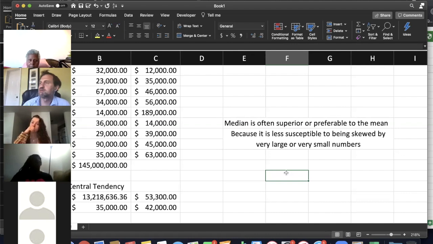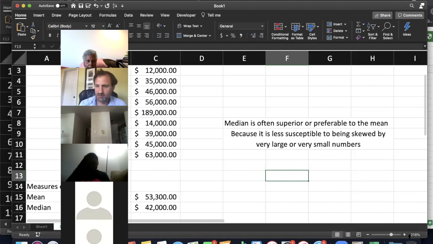And medians aren't susceptible to that because the median just looks at the number in the middle. And so a lot of times when you're looking at data, it'll talk about average in terms of the median. The average person is the median, which is the person in the middle. Okay, so that's an important concept.